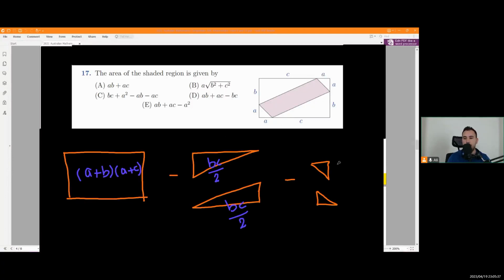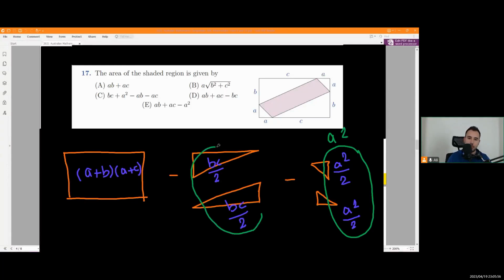And this one, A squared over 2, A squared over 2. So let's write them here. These together will be A squared. We're adding these two halves of BC, so they make 1 BC.